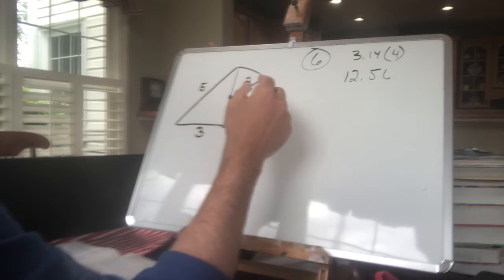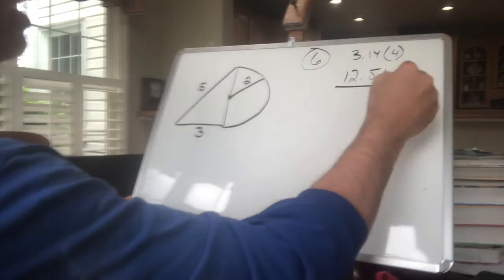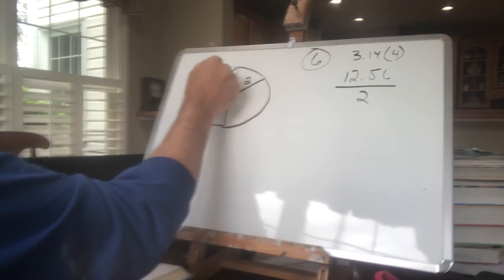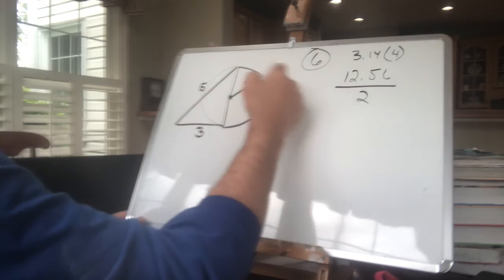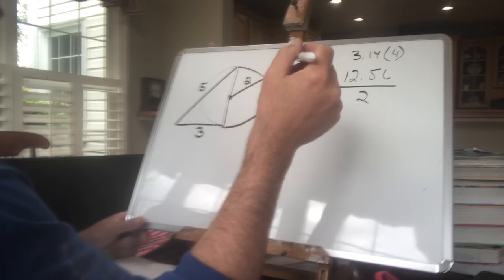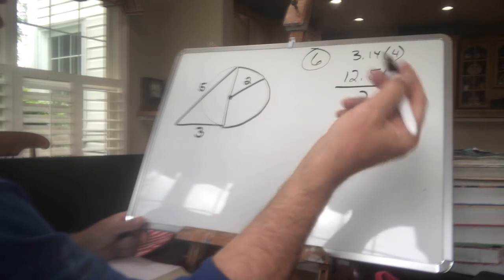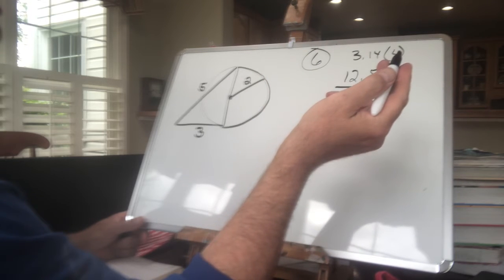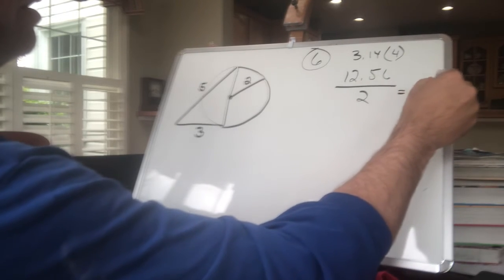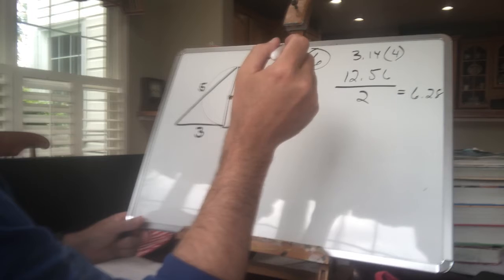That's actually the area of the entire circle. So now I need to divide this by 2. I had the area of the entire circle, but it's a semicircle, so I divide it by 2. What is that divided by 2? It's 6.28. And that's the area of just the semicircle.